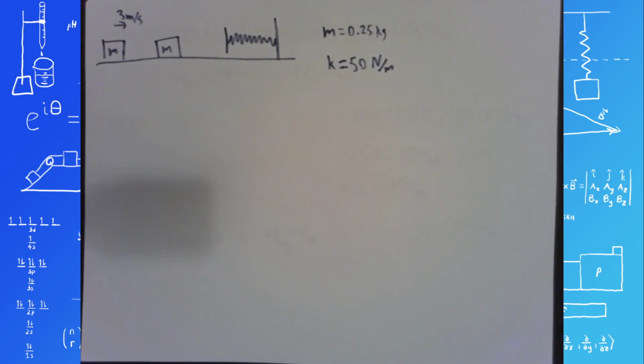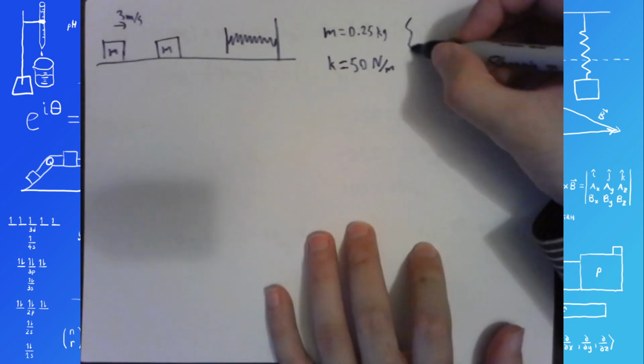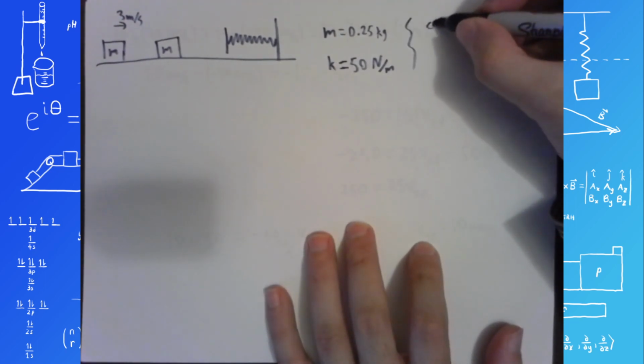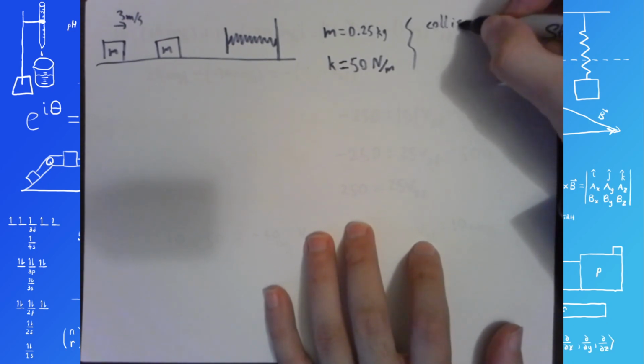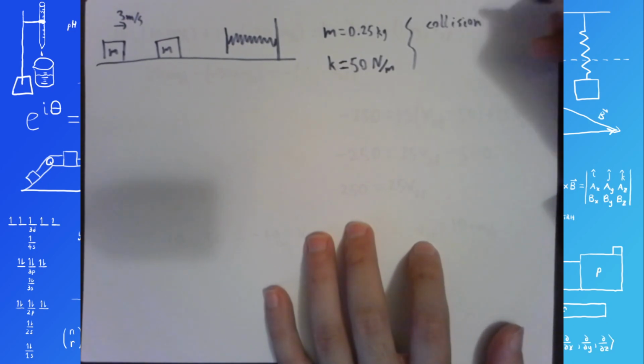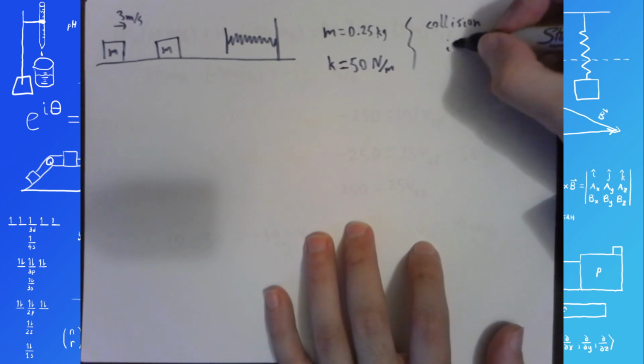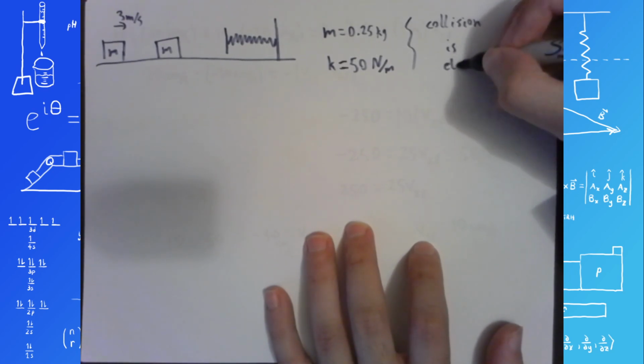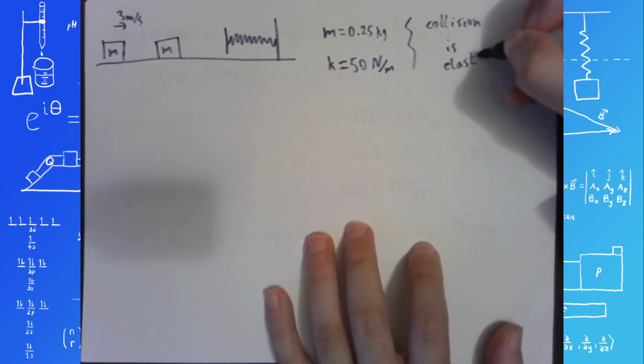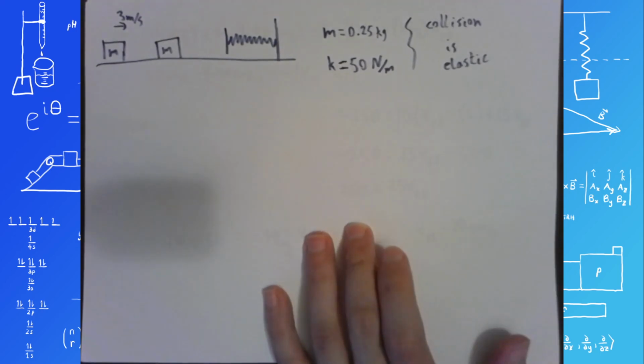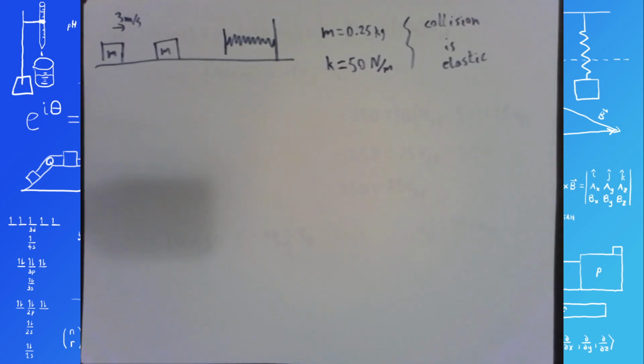Given that the collision is elastic, that means energy is conserved in the collision, which means we don't even have to do the momentum step to answer part B. We can figure out how far the spring gets compressed.